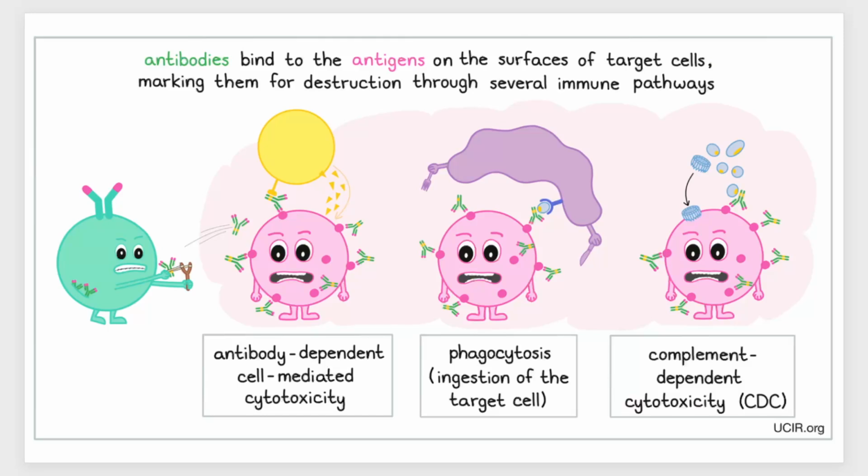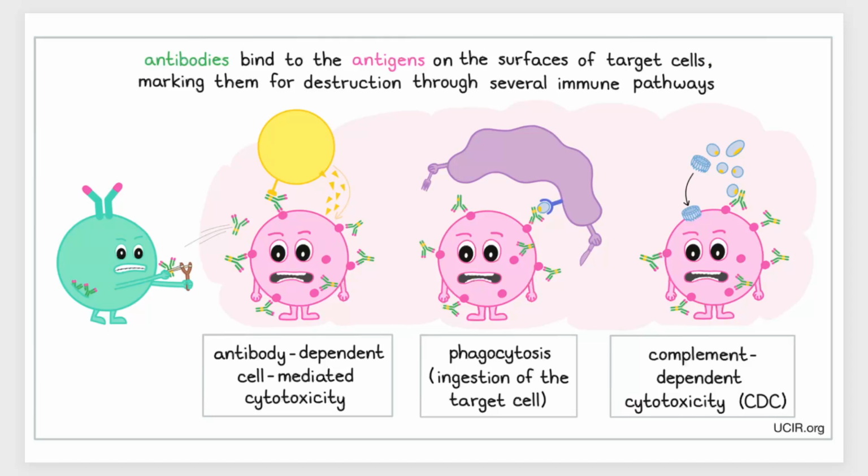When the antibodies bind to these antigens, this can cause several different ways to destroy the bacteria, if we're talking about bacteria. It could be antibody-dependent cell-mediated cytotoxicity. It targets the antigen, and then a natural killer cell can find it very quickly and destroy it. Or it could just target it for phagocytosis.